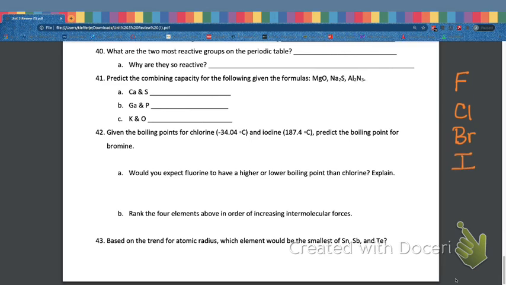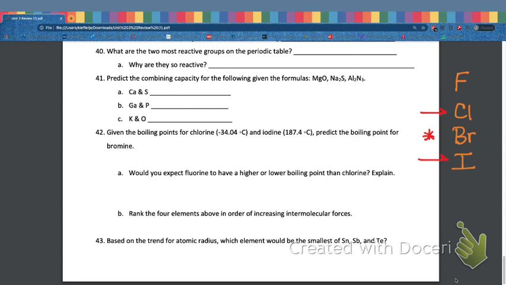Okay? And they're telling us chlorine and they're telling us iodine. And they want us to estimate bromine, okay, which falls right between those two. And so to find the estimate, what we're going to do is add those two boiling points together and then divide by 2.